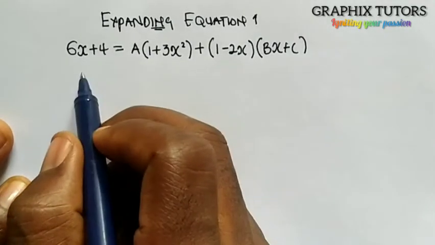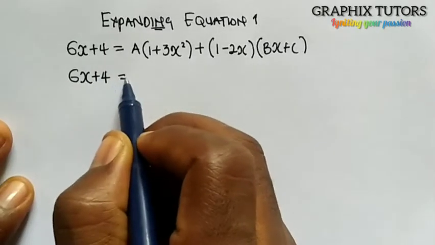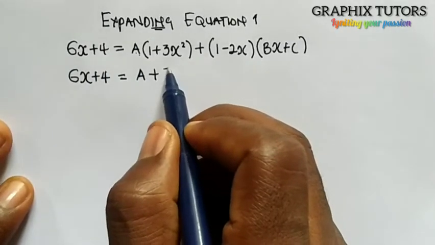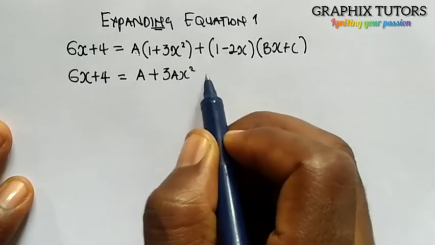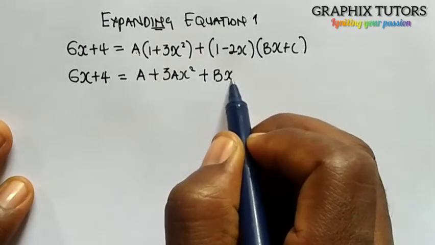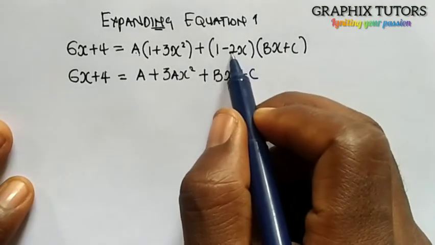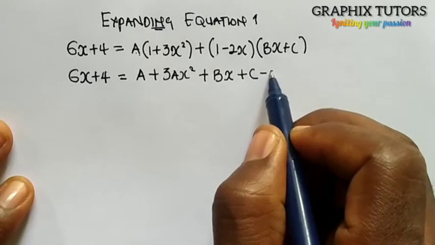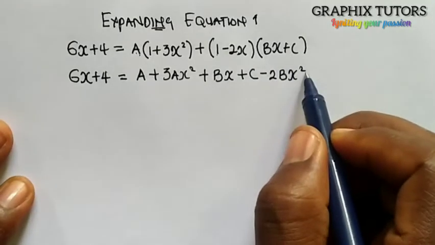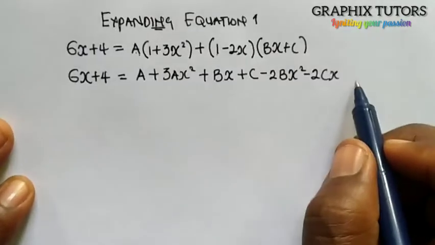So expanding, we have 6x plus 4 equals a times 1 is a, plus a times 3x squared will give me 3ax squared, plus 1 times bx will give me bx, plus 1 times c will give me plus c, minus 2x times bx gives me minus 2bx squared, minus 2x times c gives me minus 2cx.